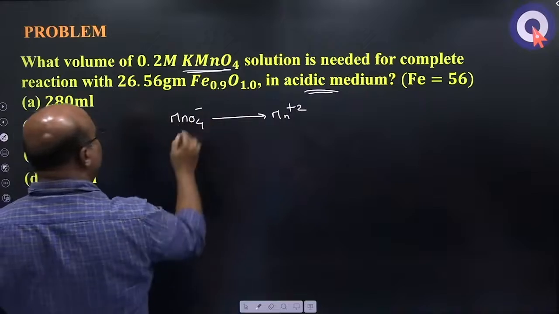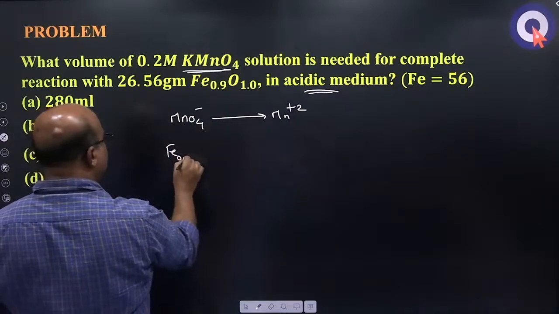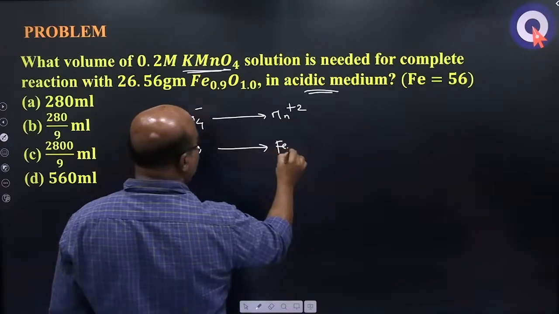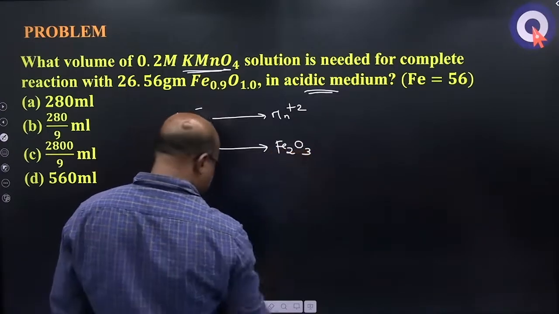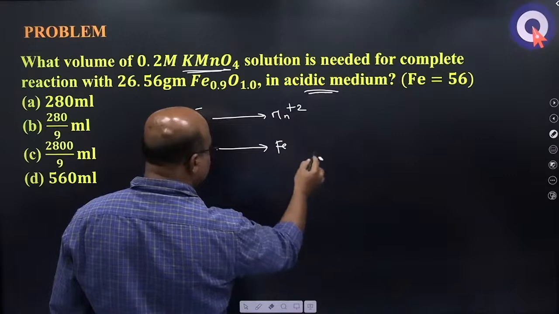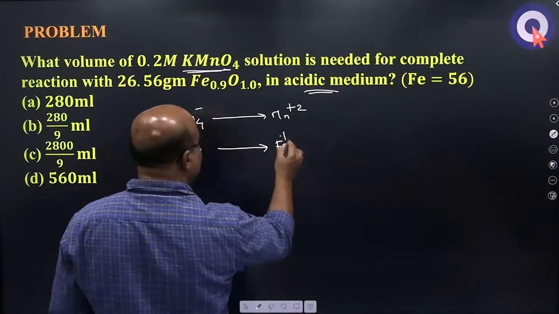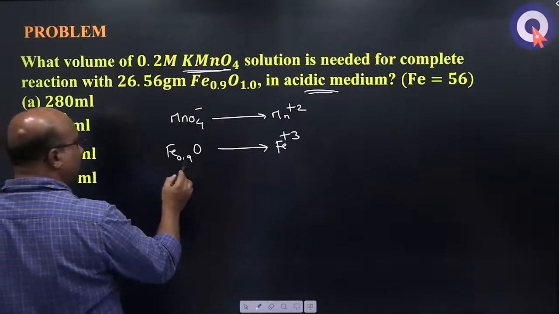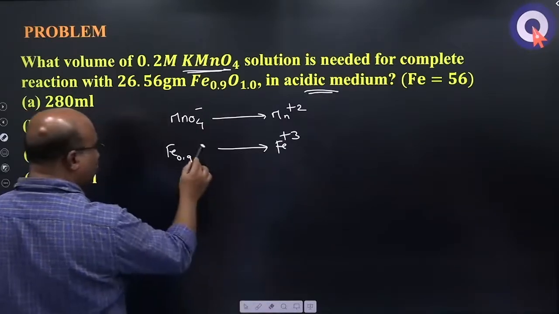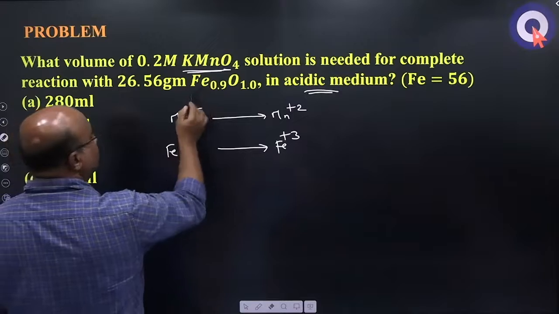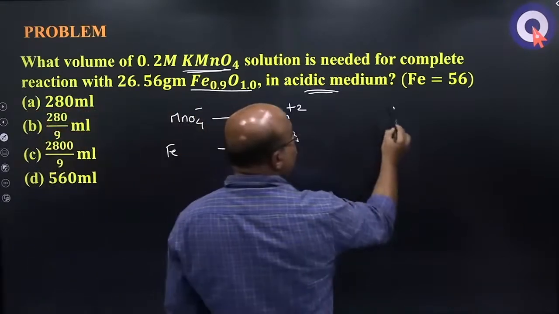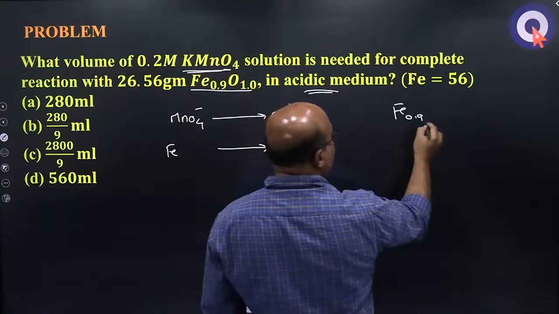then this FeO or Fe0.9O has to convert into Fe2O3, or Fe+3. You can just use the simple thing, that is Fe+3. So what is the iron oxidation state from this composition, Fe0.9O?